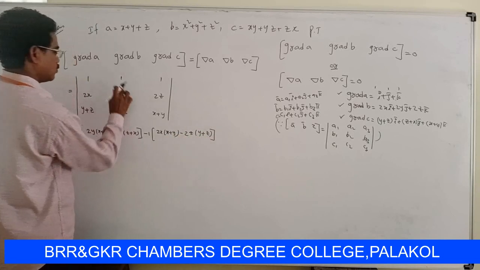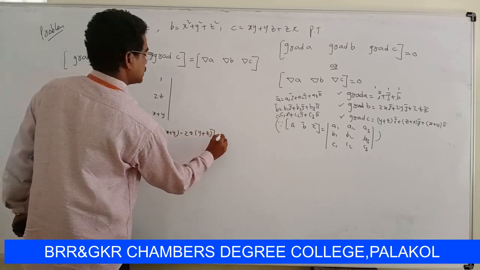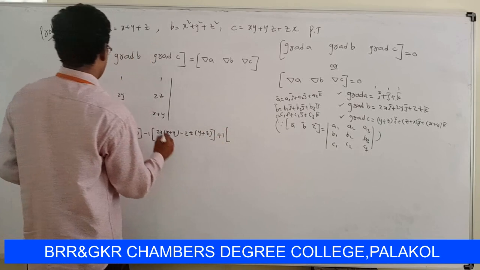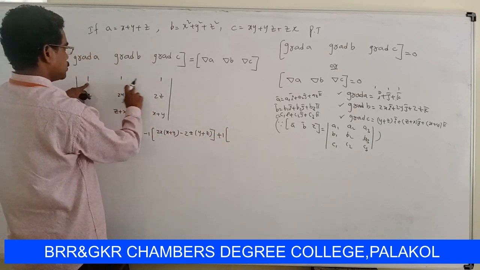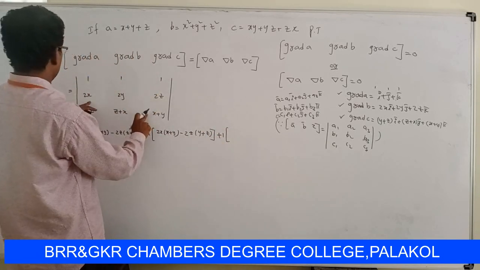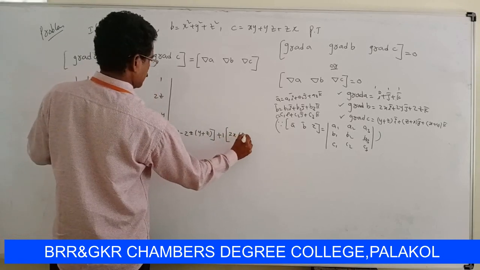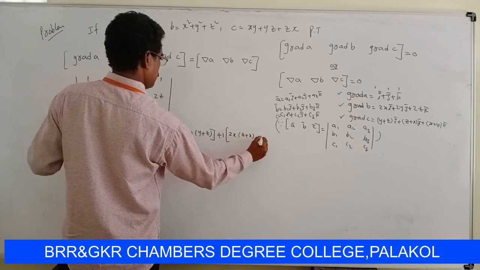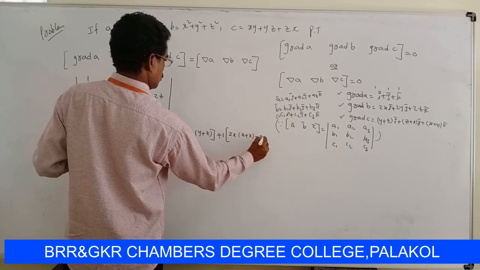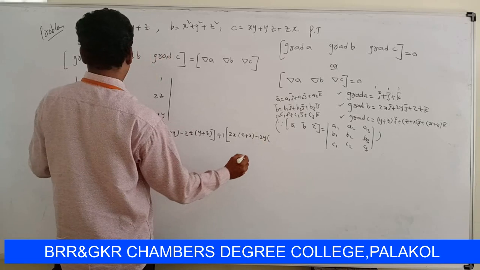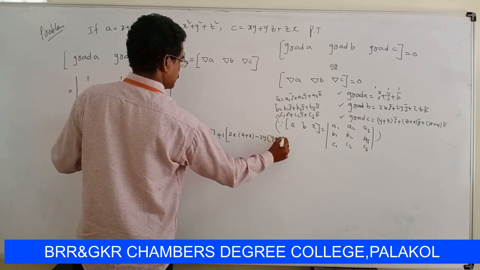This is minus 1 into. Next, plus 1 into. For the third, the first row and third column are neglected, then 2x into (z plus x) minus 2y into (y plus z).